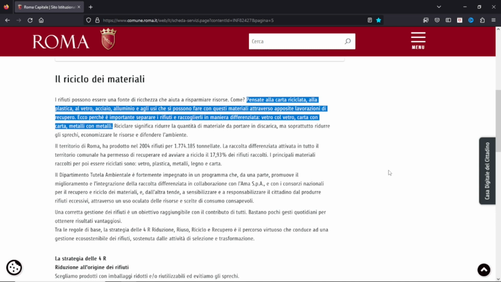And to the uses that you can put these materials, attraversare is to cross something. I'm assuming that this is after it has passed through different works of recupero. Recupero is recuperation, but that sounds weird in English.